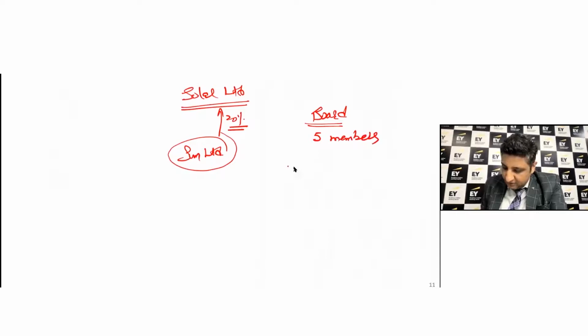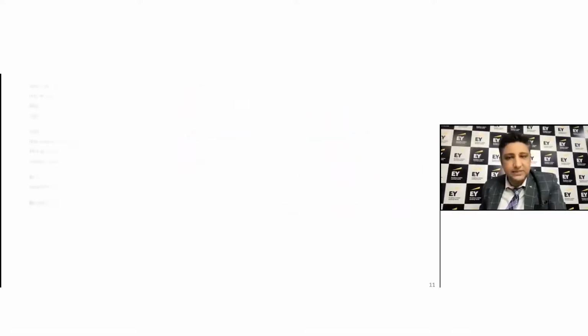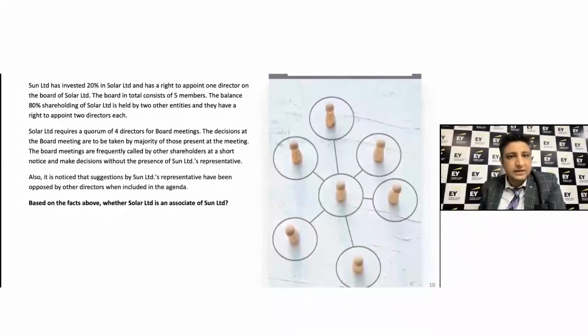So let's call there's a company X with 2 members, Y with 2 members, and Sun Limited, of course, with 1 member. Similarly, there are 40% shares, 40% shares, and 20% shares. That's how you're looking at the entire holding.